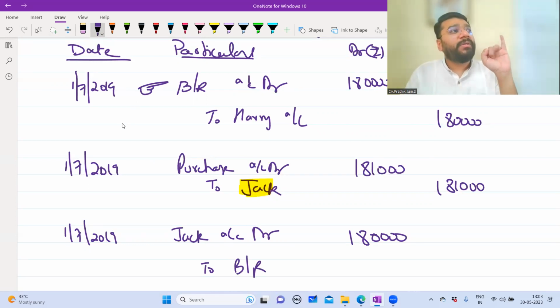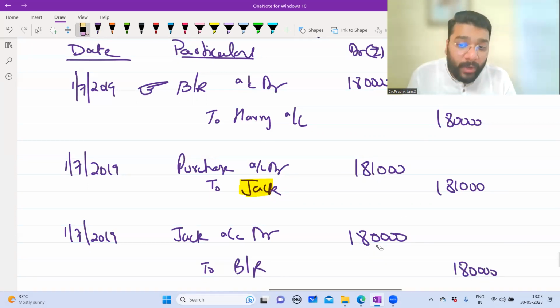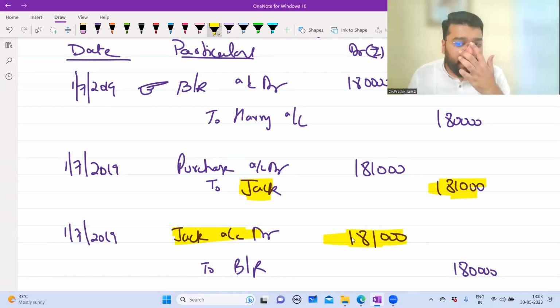Guys, cash, bank, the money which I have in cash form, the money which I have in bank form, the money which I have in bills form, all are my assets. So I am crediting bills receivable how much? 180. But Jack is 181. Correct, no? Guys, Jack account that is open is 181. So I have to close Jack account, 181. But the amount you paid is only 180.